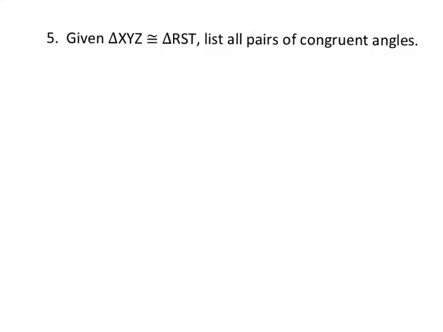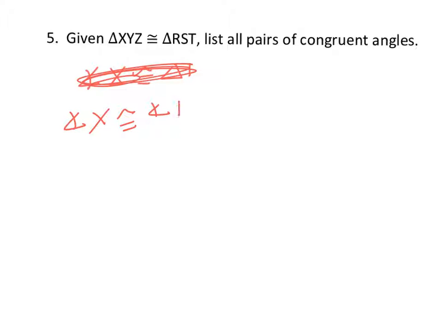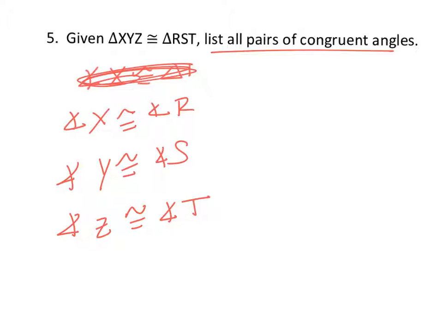So we say that angle X is congruent with angle R. Angle Y, congruent with angle S. And finally, angle Z, congruent with angle T. That's all three of them matched up.